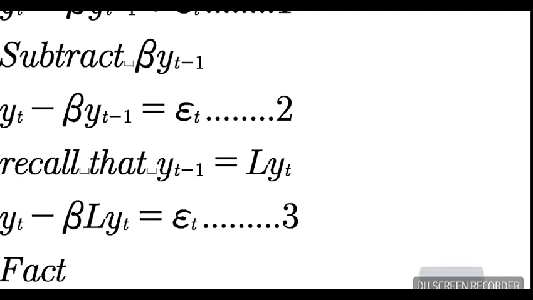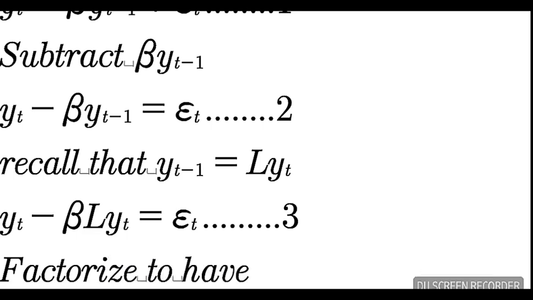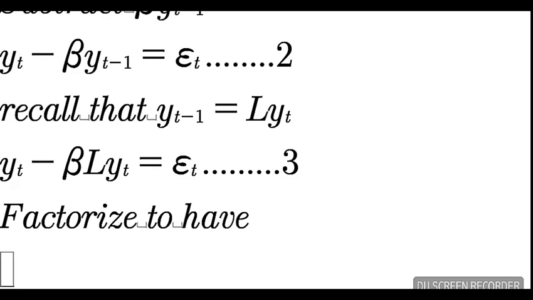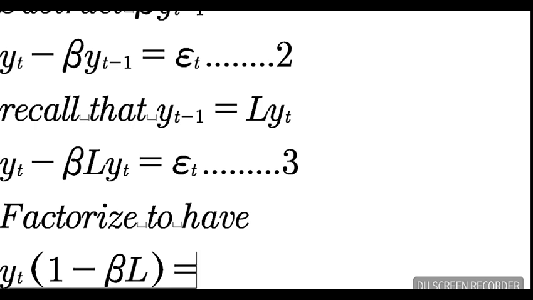We factorize to have y sub t of 1 minus beta L equal to epsilon at time t. So this is our equation 4.